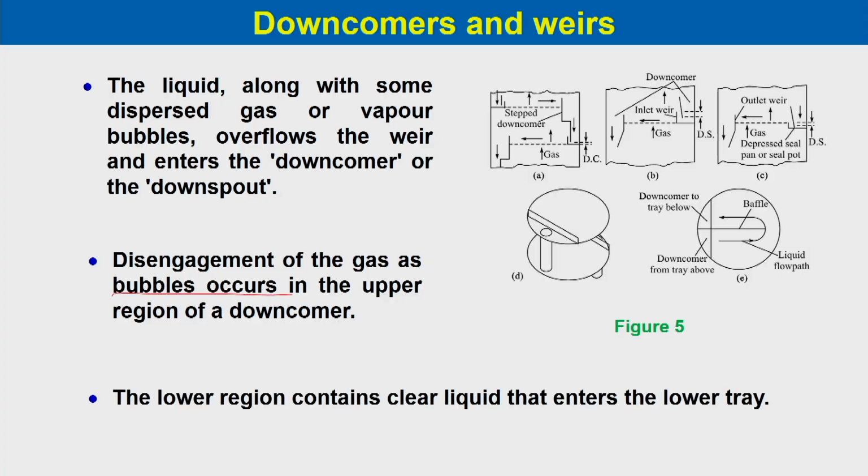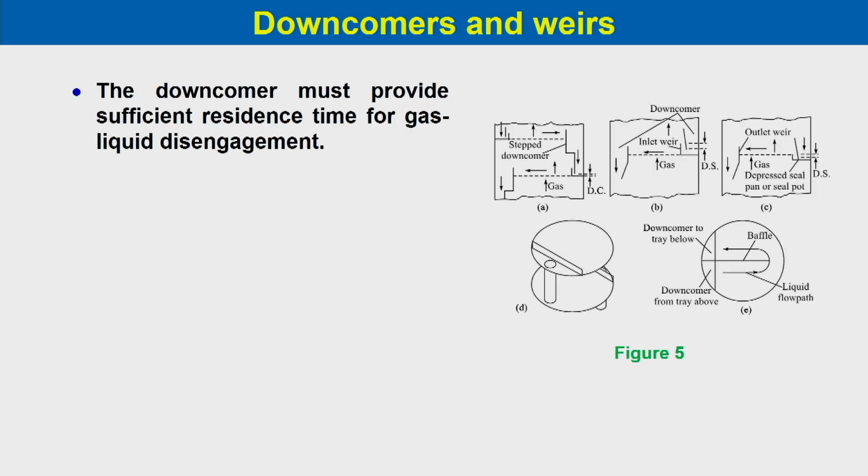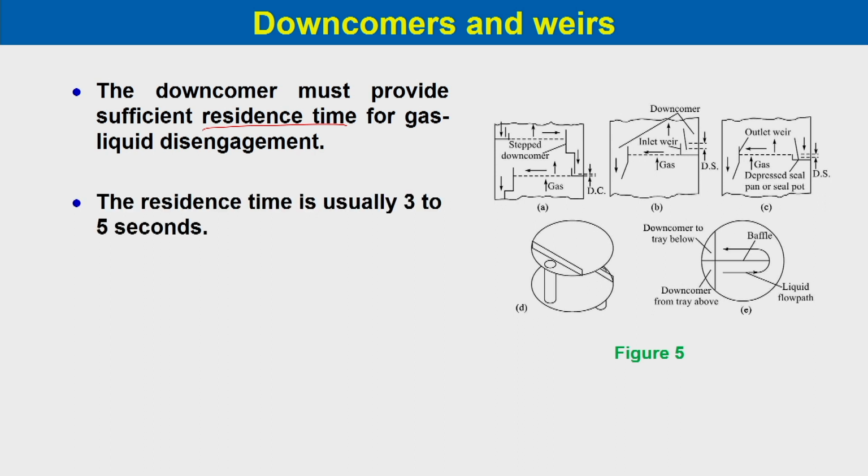The lower region contains clear liquid that enters the lower tray. The downcomer must provide sufficient residence time for gas liquid disengagement, so that the clear liquid will come to the next stage. The residence time is usually 3 to 5 seconds.